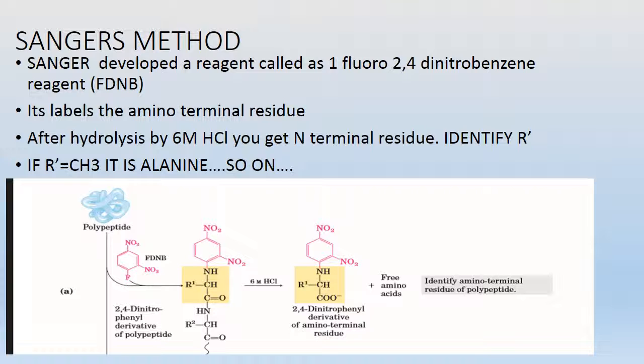From the whole polypeptide chain, now the end terminal residue has been removed. Similarly, after one amino acid has been removed, the next amino acid is now at the end terminal position. For example, there is an alanine, tyrosine, tryptophan, phenylalanine polypeptide chain. After removing alanine by the FDNB method, tyrosine, which is at the second position, becomes the end terminal.